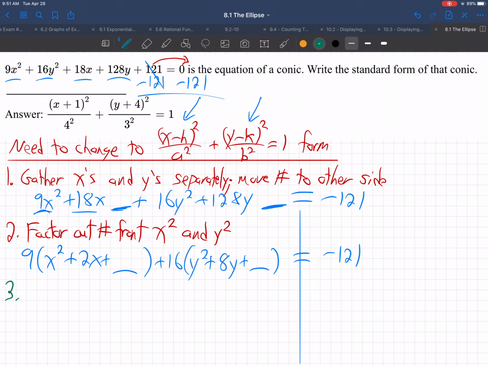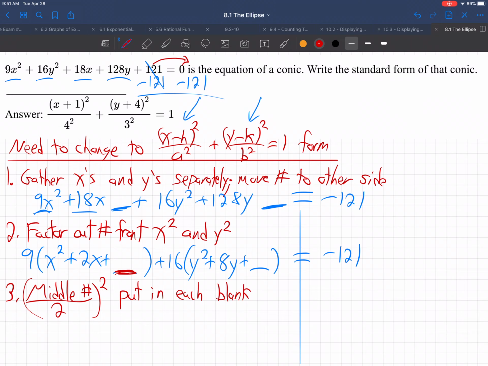In fact, let me change the color there to where we were at. So, middle number divided by 2 squared, put in each blank. These blanks here and here.